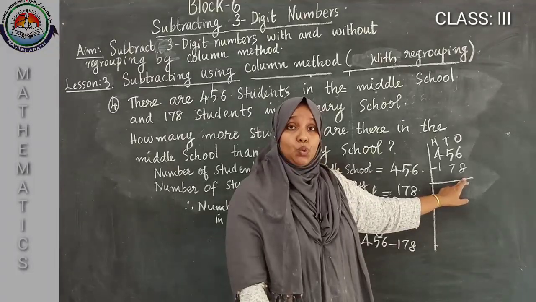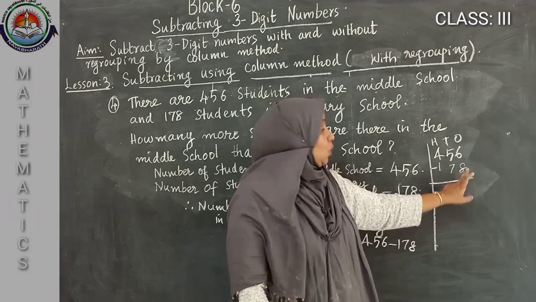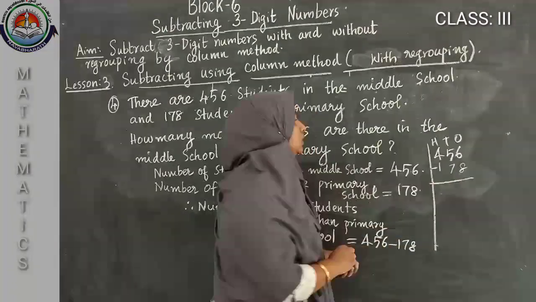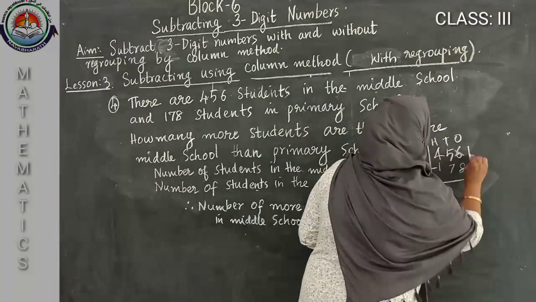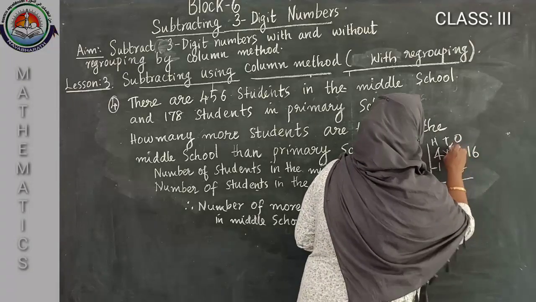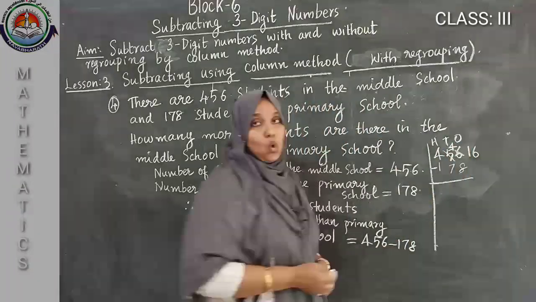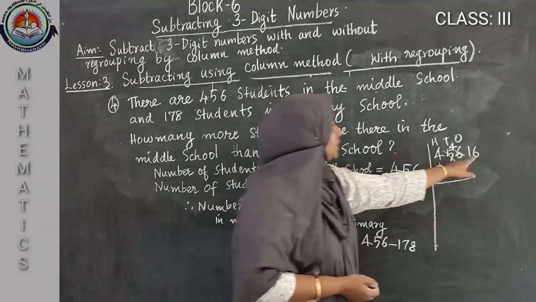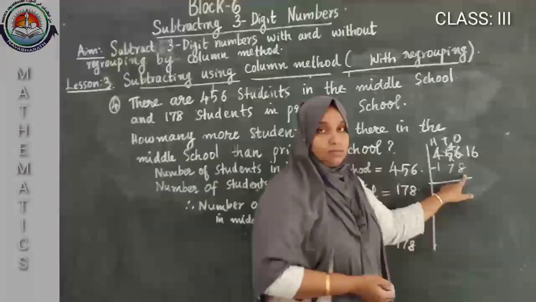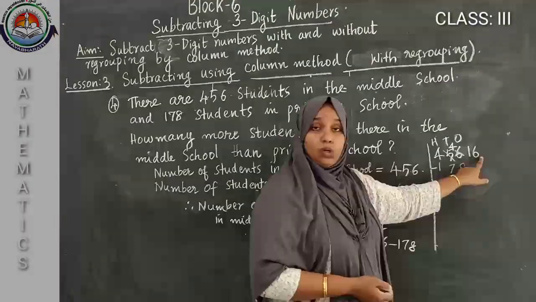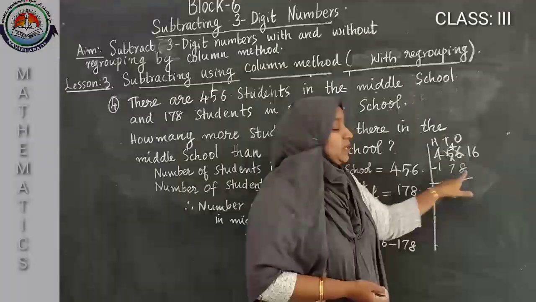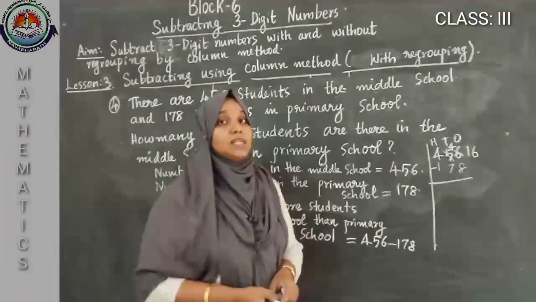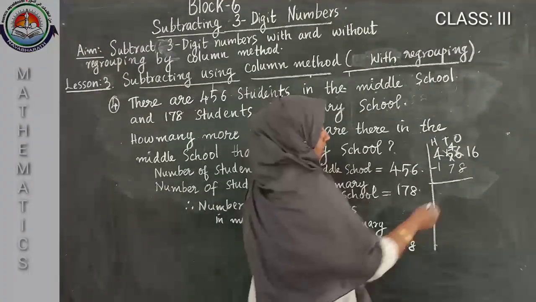Then what do we have to do? We have to borrow 10 from here. So this becomes 16 and this number becomes 4. Then this is 16 and this is 8. So 16 minus 8 is 8.